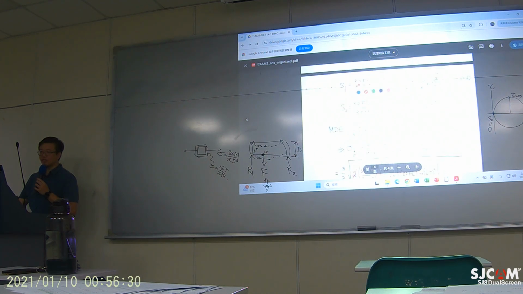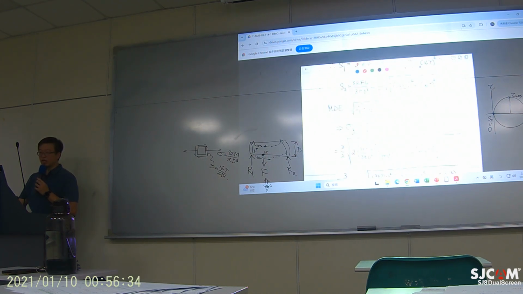So right here, from the maximum distortion energy, you can determine that sigma y must be larger than whatever equation you have inside the square root. Now move to the right-hand side, and your safety factor is 1.5.